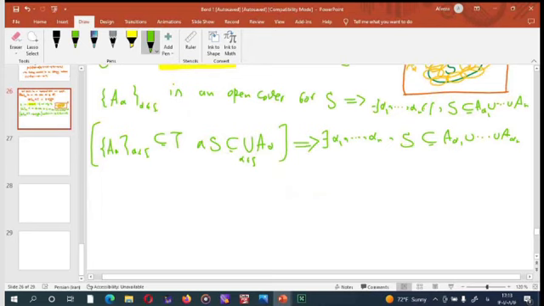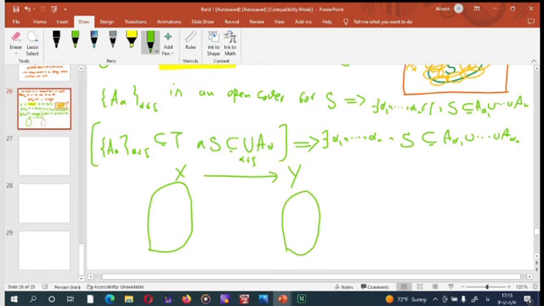If f from X to Y is continuous, and this set is compact, for example this is f of X, the image of X. If this set is compact, its image is compact too.